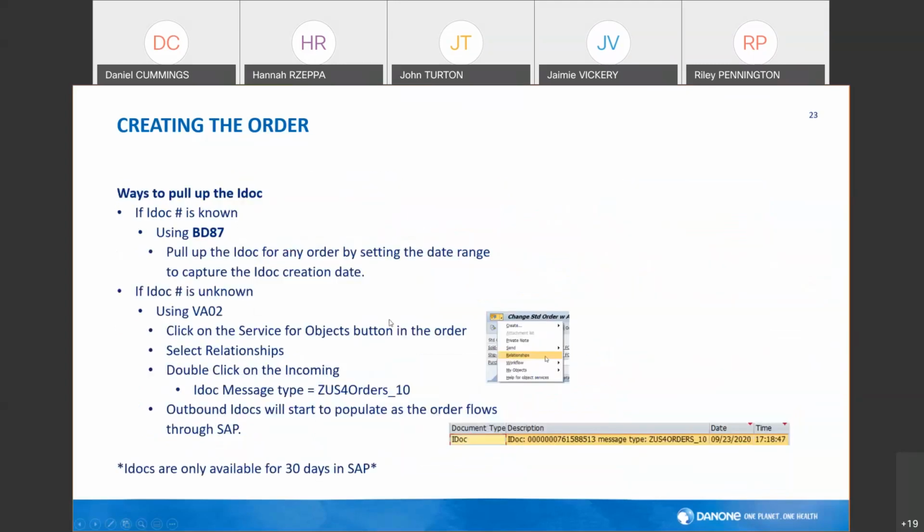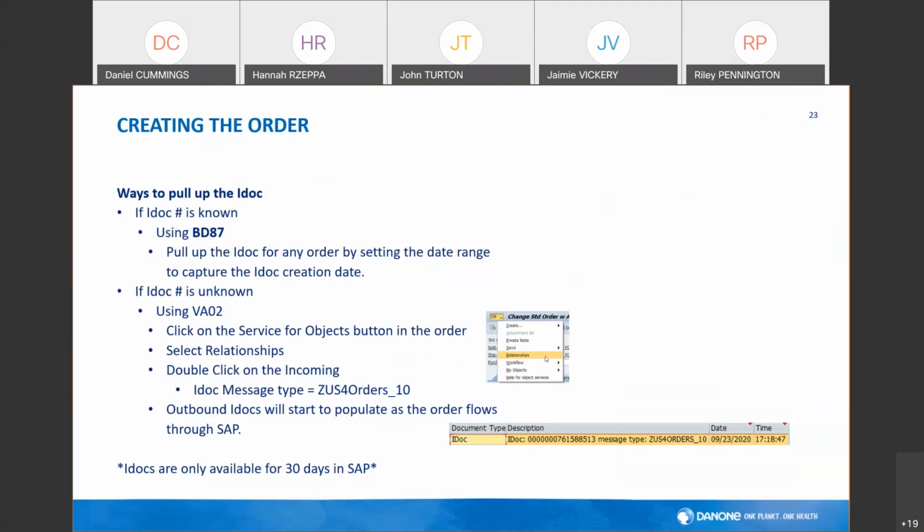So if you ever want to go in and look at an IDOC, say you want to see what the spoils are supposed to be for a specific item, you're just a curious observer and you want to see what's going on. If you know what the IDOC number is, which chances are you don't if you're just doing incremental research, you can use BD87, you drop it into the search, and it's going to pull up that individual IDOC.